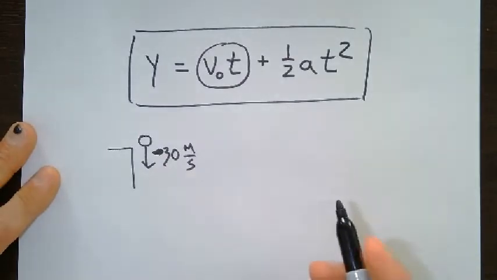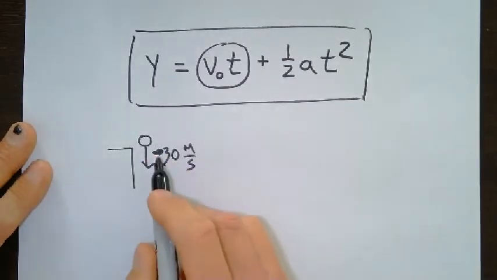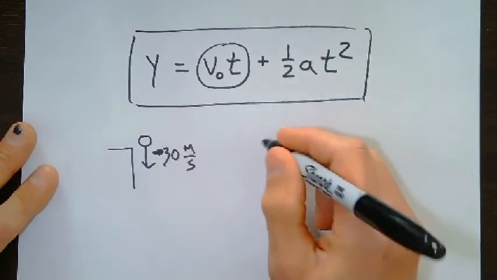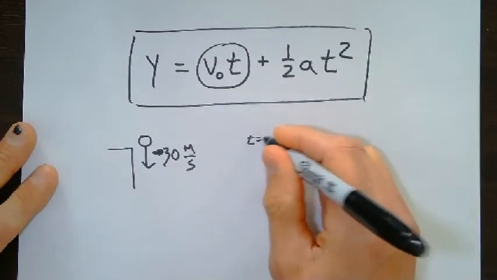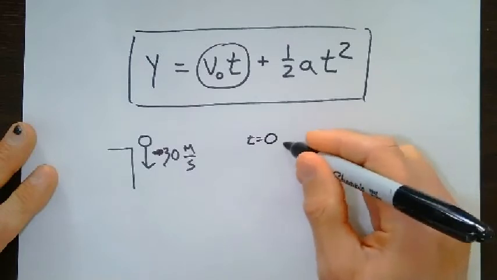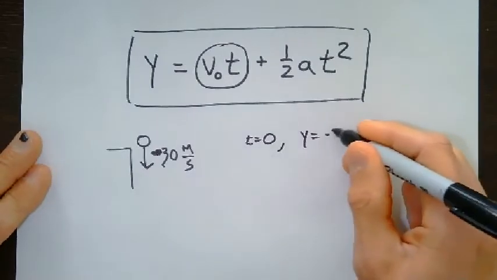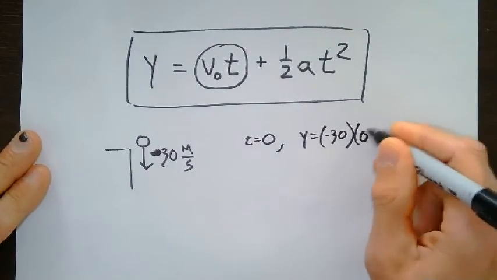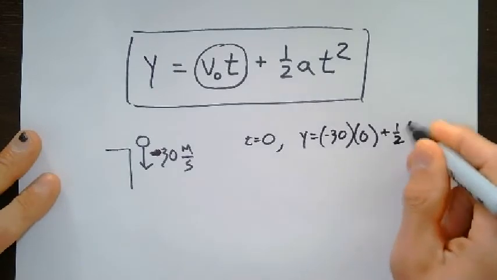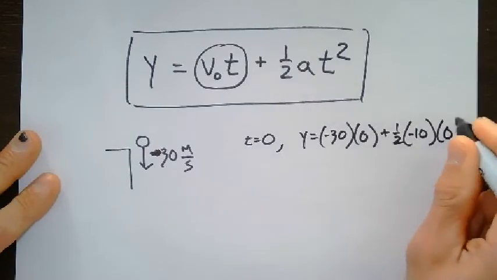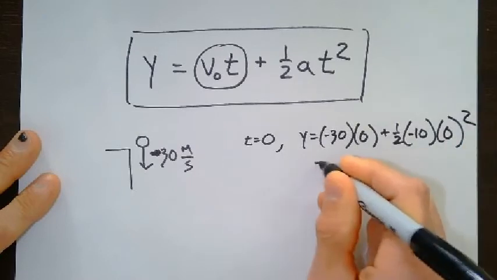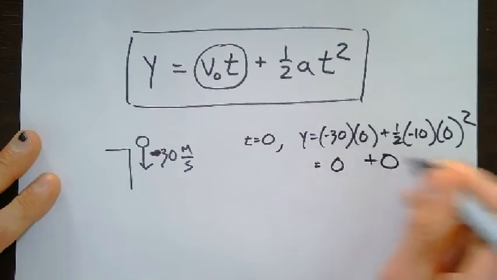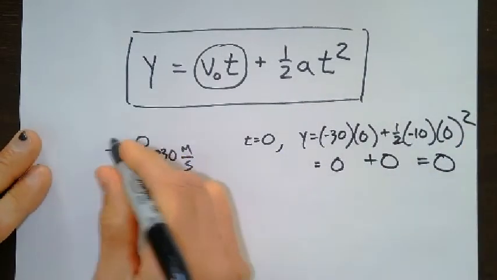So let me just give you an example. So at the beginning, at t is equal to 0, y would be equal to -30 times 0 plus 1/2 times -10 times 0 squared. And of course, that's just 0 plus 0 because the object is at its starting point.